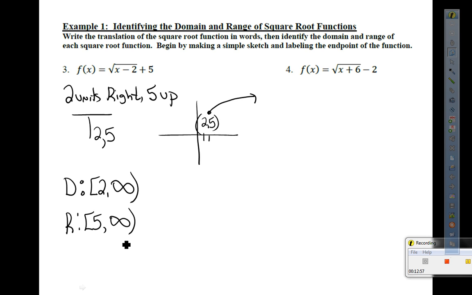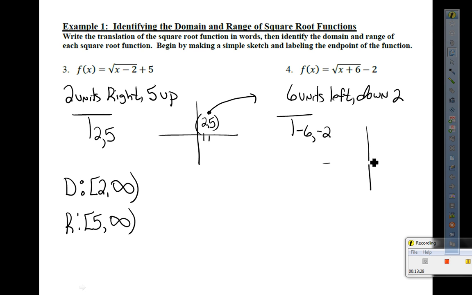If I was there, I'd have you try number 6 on your own, but since I'm not there, here goes. This thing is going to go 6 units left and down 2. As a translation, -6, comma, -2. 6 left, 2 down. As a rough sketch, 6 units left, 2 units down.